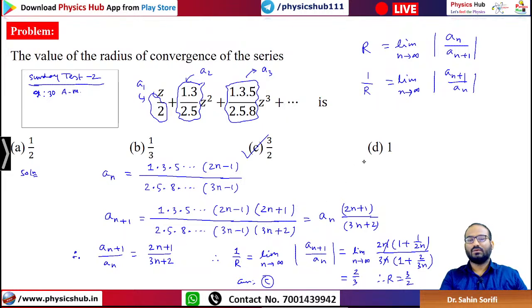Now when you have 1 by 2n, if you put n tends to infinity, it becomes 1 by infinity, that is 0. Similarly, 2 by 3n, if you put n equals infinity, you get 2 by infinity, so that is 0 again. So this is 0, this is 0, so we get 2 by 3.